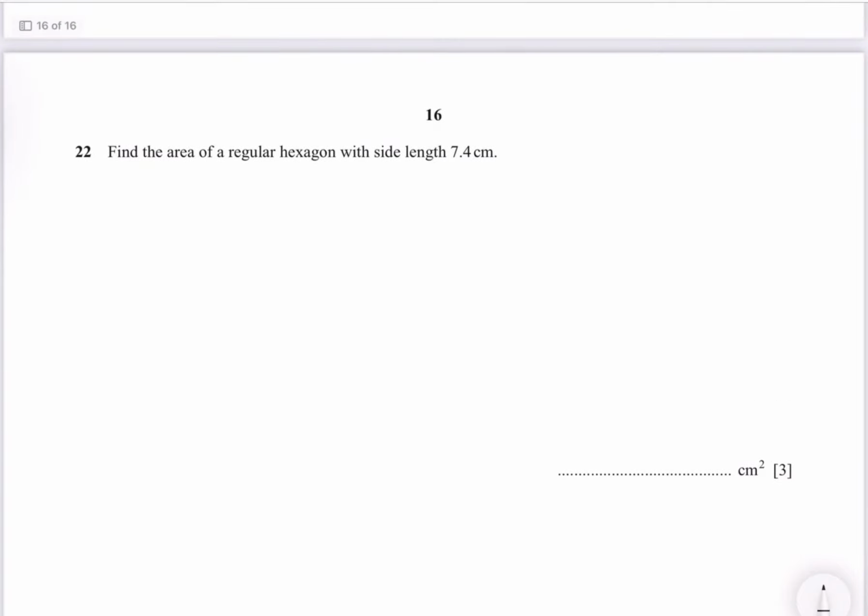Question 22. Find the area of a regular hexagon with side length of 7.4 centimeter. A hexagon is a 6-sided figure. 7.4 is the length, because this is a regular hexagon. So the angle at the center would be 360 divided by 6.